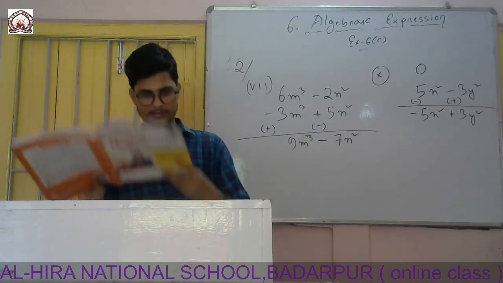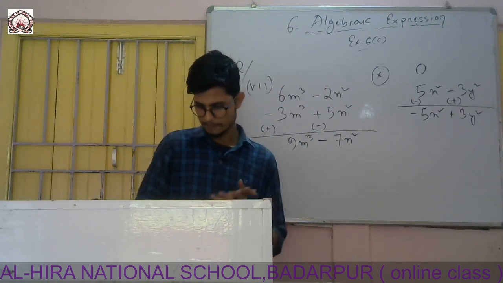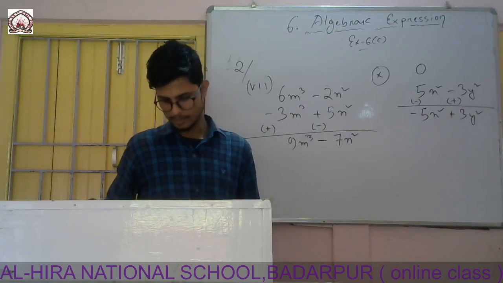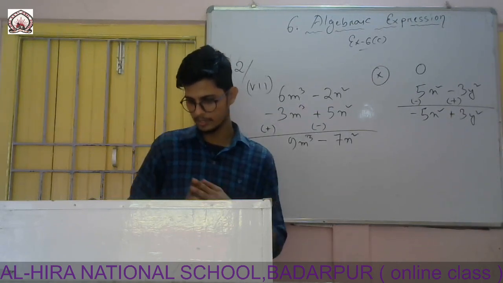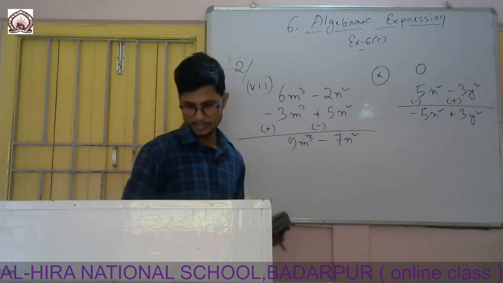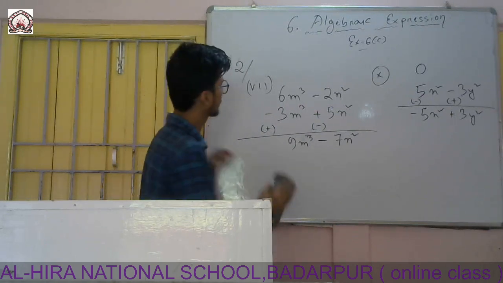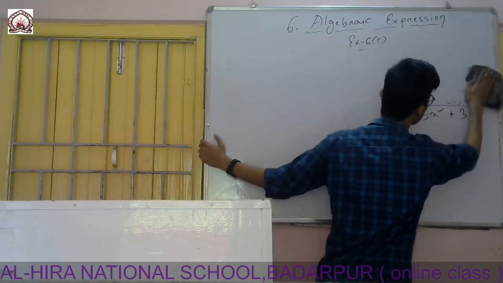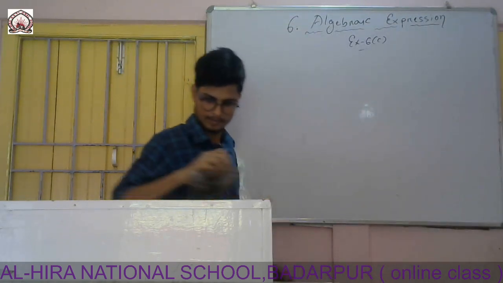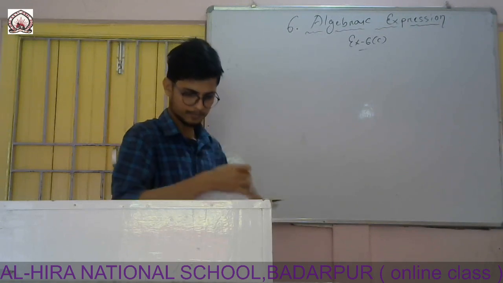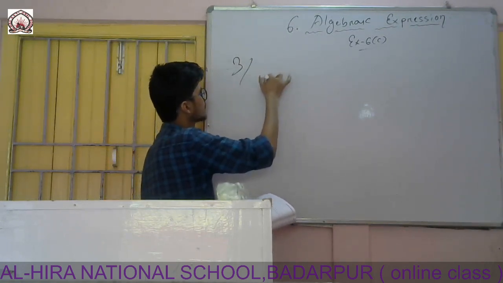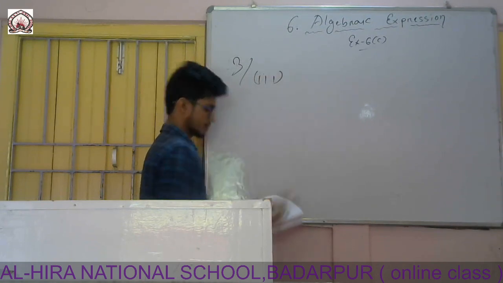Okay, so now you see question number 3. Same as earlier, only the given number of terms in these expressions is 3. So let me do Roman number 3. Question number 3, Roman number 3.